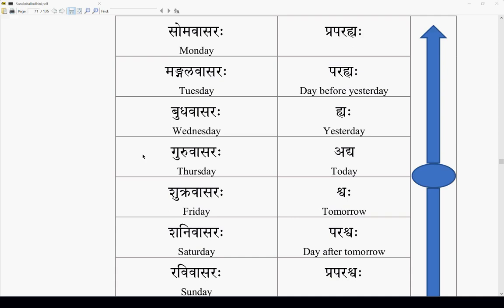Similarly, next one, Shukra Vasara, Friday. Why is Friday named Friday in English? On what planet? It's Venus. But why is it Friday?